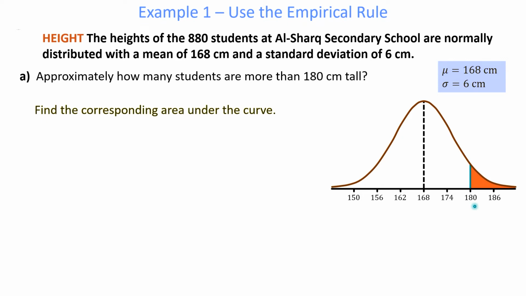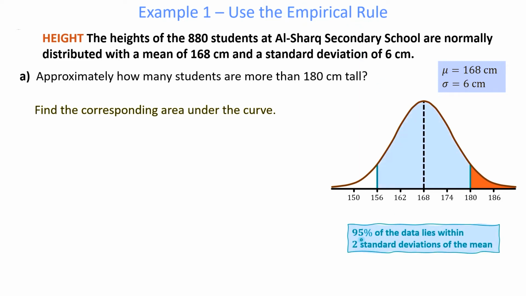Now you should recall 180, if you look at this, this is 2 standard deviations away from the mean. Now using the empirical rule, you should recall that 95% of the data lies within 2 standard deviations of the mean. So this area that I have in cream here is worth 95%. So that's 5% left over outside of that interval.